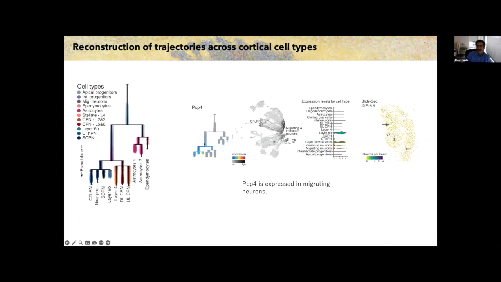And when we mapped it back into the topographic structure to see whether this is true in spatial data using Slide-seq, we see that indeed PCP4 is expressed also in intermediate neurons, showing that these markers haven't actually been assigned to these migrating neurons in the past.